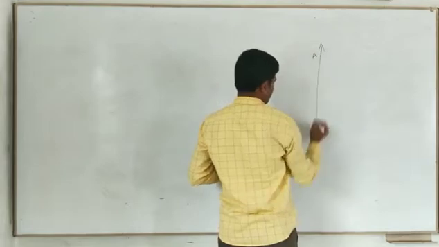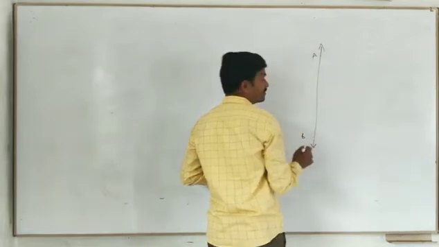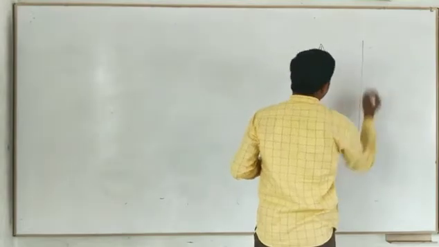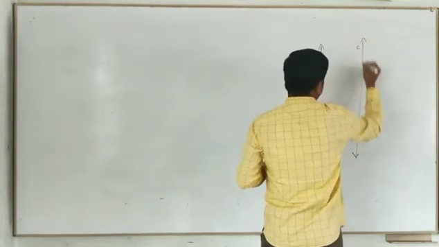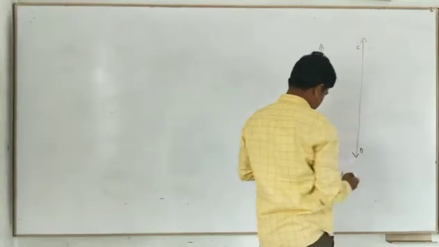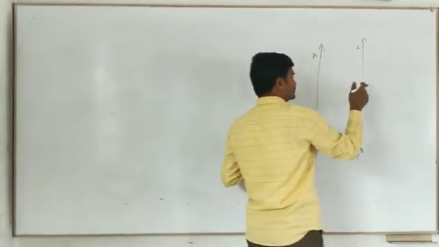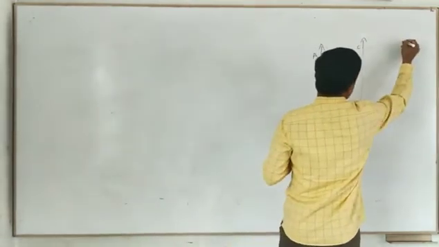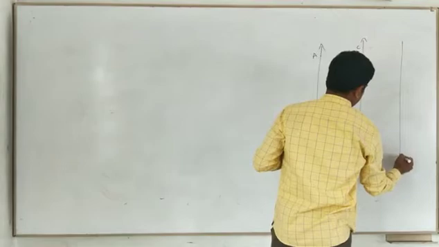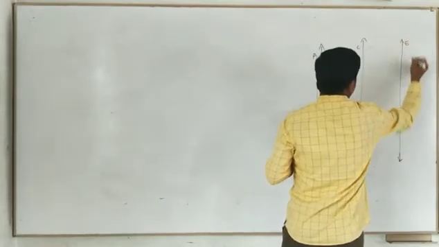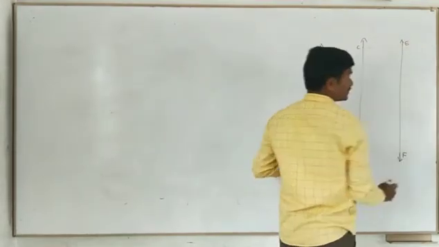This is A, B. Parallel to CD, one more line. This is C, D. And CD is parallel to one more line, that is EF. Are you clear? This is E and F.